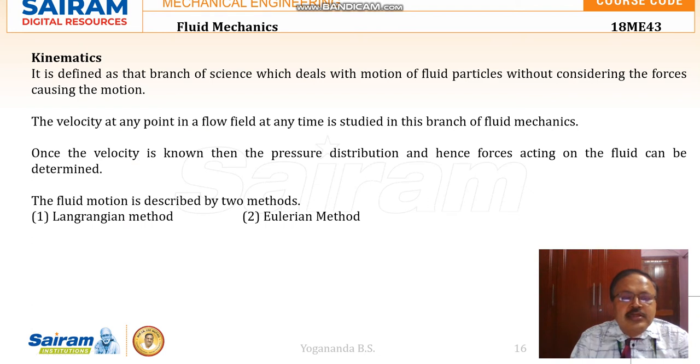What is kinematics? It is that branch of science dealing with the motion of the fluid particles without considering the forces which are responsible for the motion of the fluid. So we bother about the end result, that is the motion of the fluid, how it happens, but we don't bother which are the forces and how the forces are responsible for the motion of the fluid.